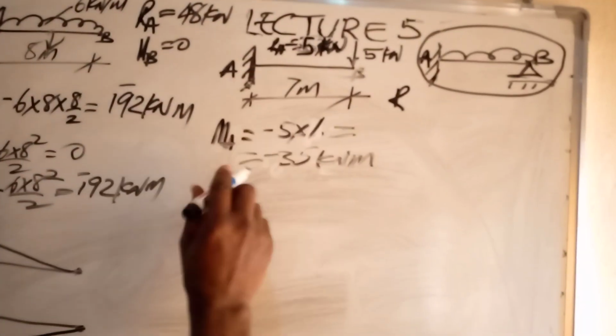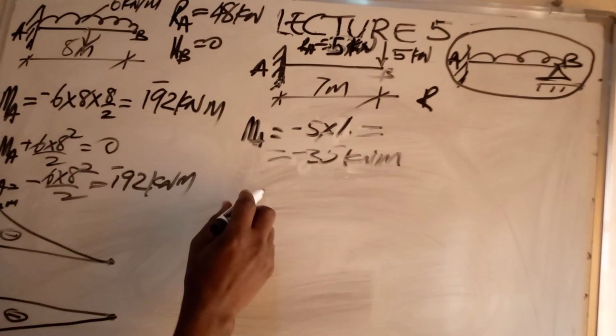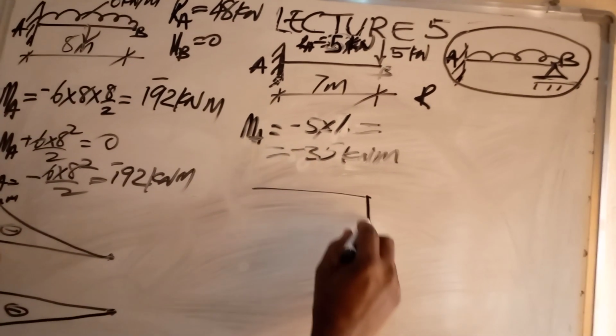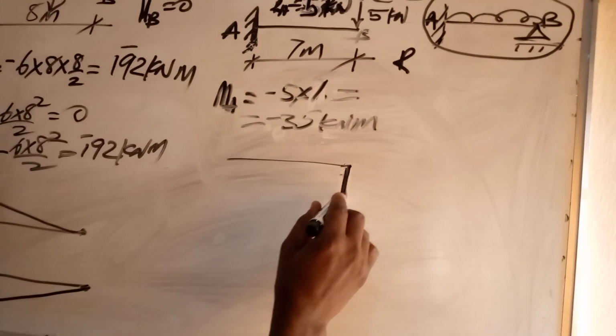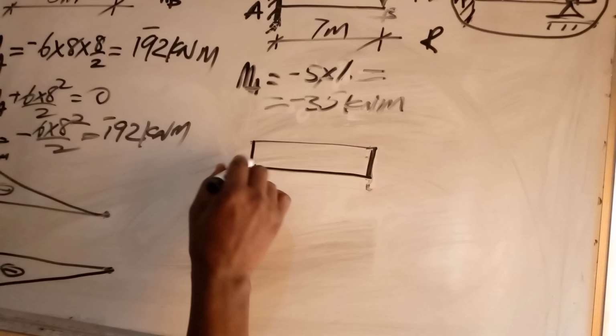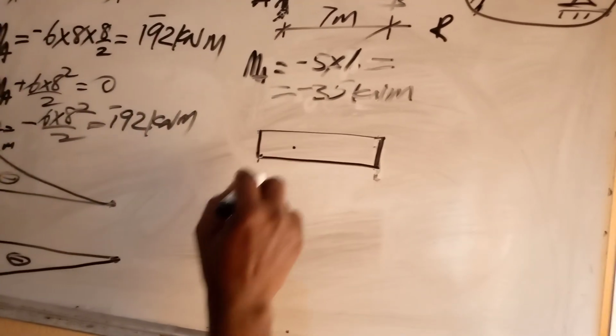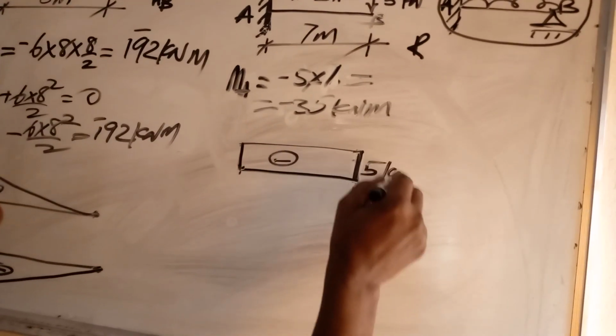So the shear force diagram, this is minus 5, which continues and gets here, meets 5 and closes. So the shear force diagram will be like this: minus 5 and continue, gets to 5 here, which neutralizes to 0. So that is the shear force there, which is 5 kilonewton.